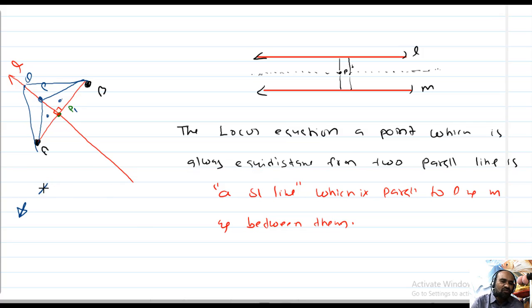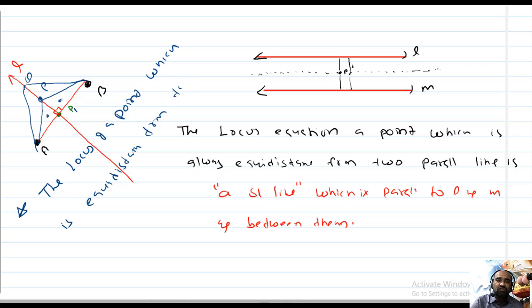Important conclusion. The locus of a point which is equidistant from two fixed points is a very important result.